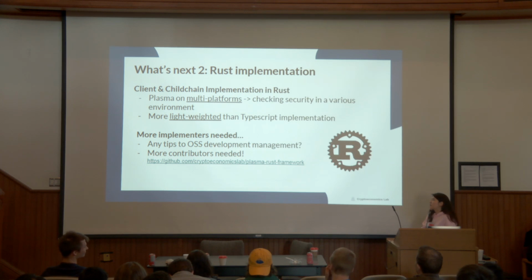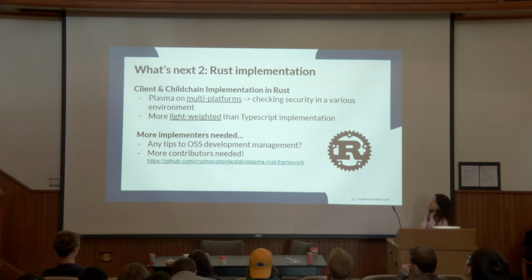The second thing is Rust implementation. We are currently rewriting the child chain and client implementation in Rust, so that we can test how Plasma Chamber would be able to guarantee security in various environments, and we believe it should be more lightweight than the TypeScript implementation.